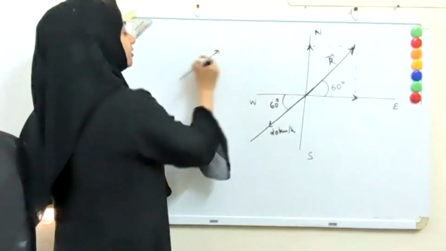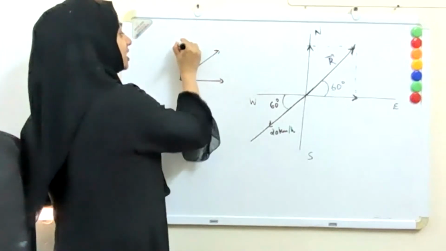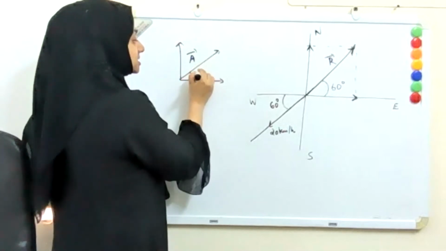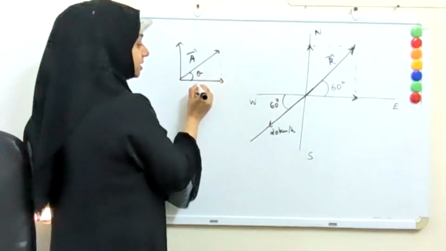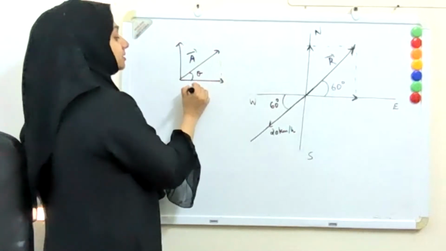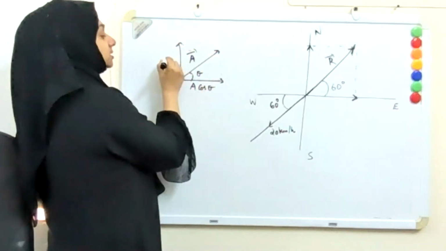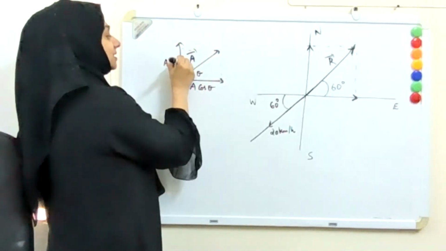Suppose you have a vector A which is resolved into the x direction and y direction. The angle is theta. So how will you take the component along x? A cos theta. And what will be this one? A sin theta.